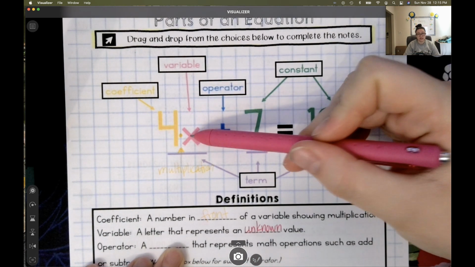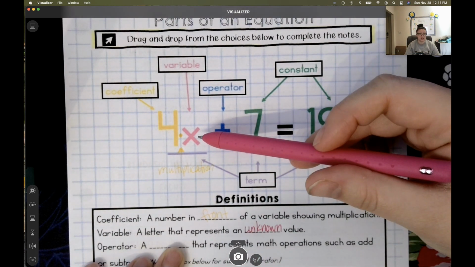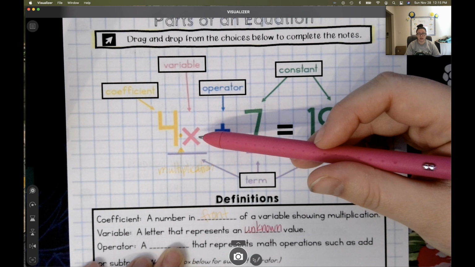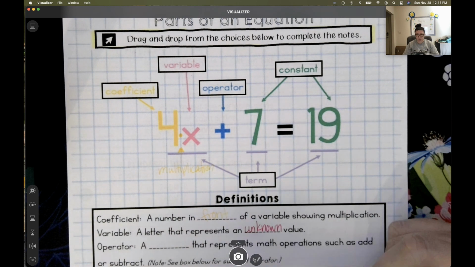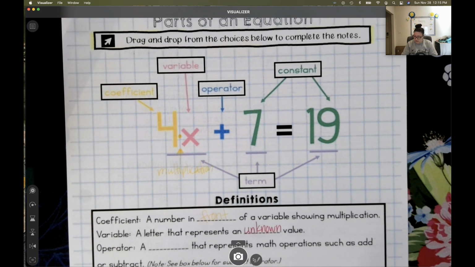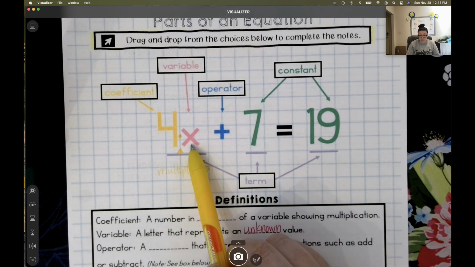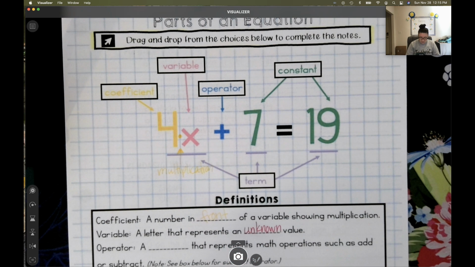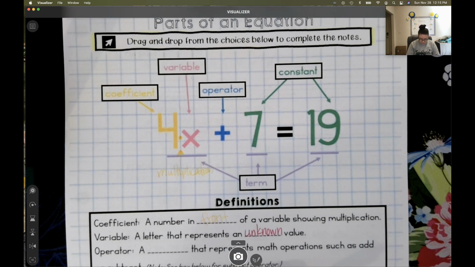Our variable here is x. That is not a multiplication sign. That is a variable x. Now that we're getting into this higher level of math, a lot of the time you're going to be seeing parentheses for multiplication instead of an x, because we don't want to get it confused with our variable.